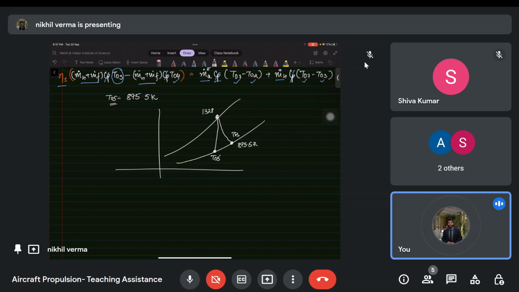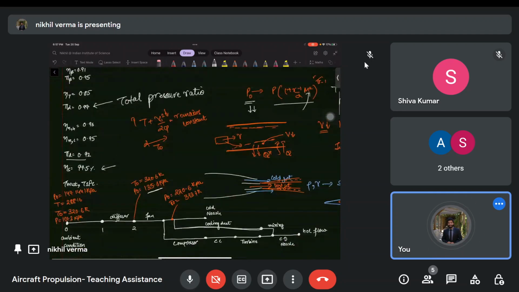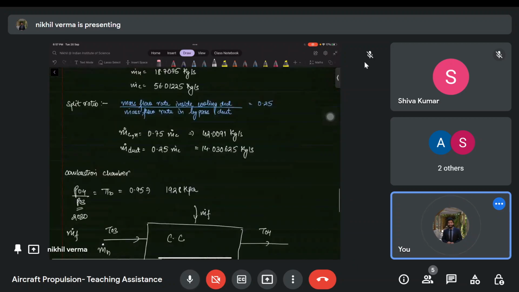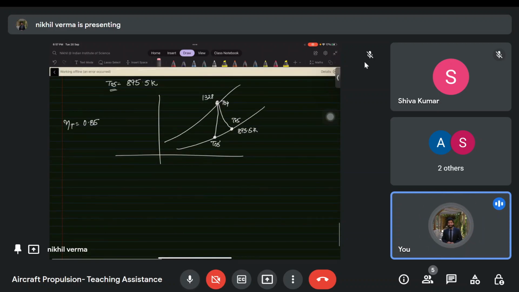This is T naught 5. This is T naught 4. Now the efficiency of the turbine is given in the problem, which is 85%. So efficiency of the turbine is (T naught 4 minus T naught 5) by (T naught 4 minus T naught 5 dash).